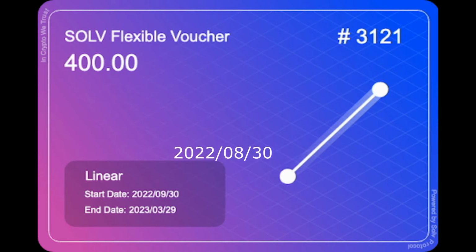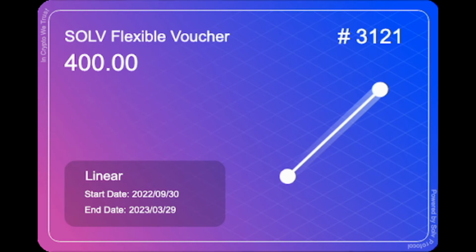Then you can get your tokens from this NFT much earlier than before. That's why we call it flexible voucher. The only thing DAOs can do is make the start date earlier instead of making it later, so don't worry about that. We can change the starting date. That's the key point here.